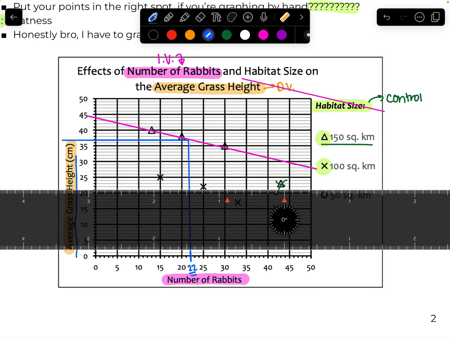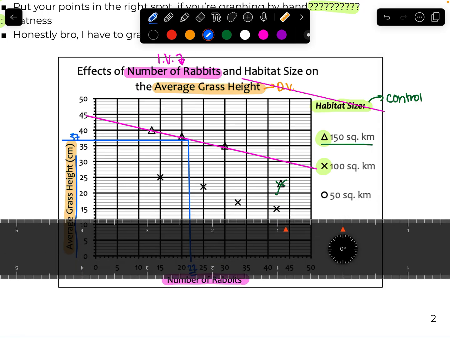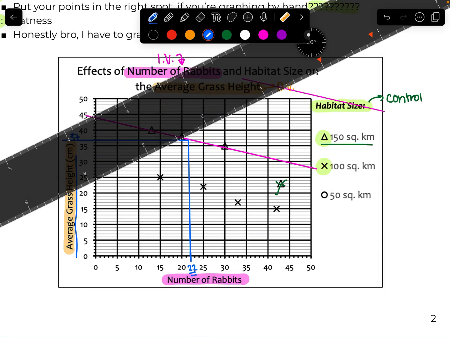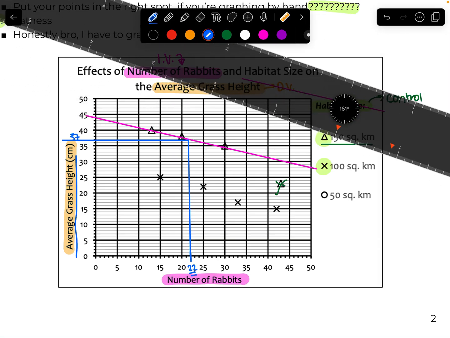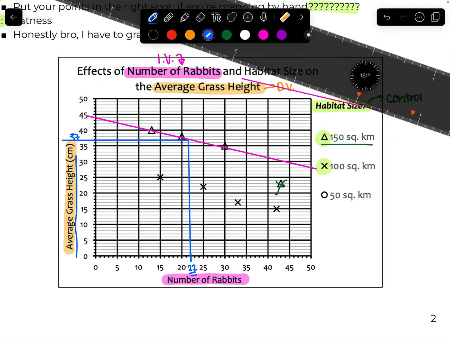Now I land on approximately 37 as my average grass height. So if I were to ask what the average grass height would be in a 150 square kilometer habitat when there are 22 rabbits, I can use my trend line to interpolate that data.